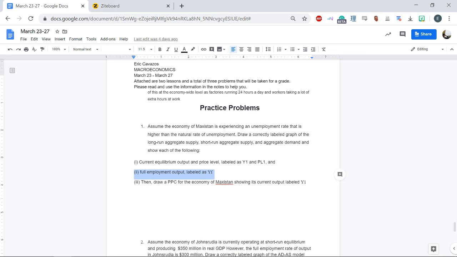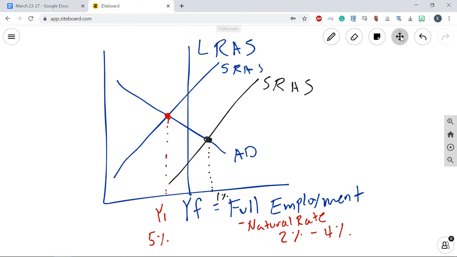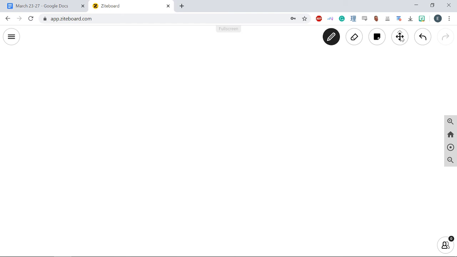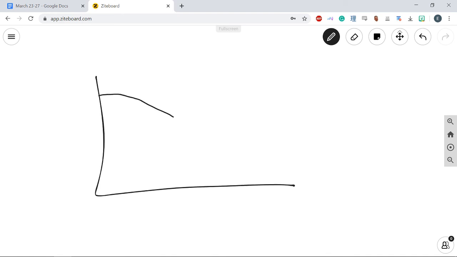Part 3 is saying then draw a PPC for the economy of Pakistan showing its current output, labeled Y1. So we are going to be drawing a production possibilities curve, and I can show you a little bit about that right here. If you remember, the production possibilities curve looks like this.